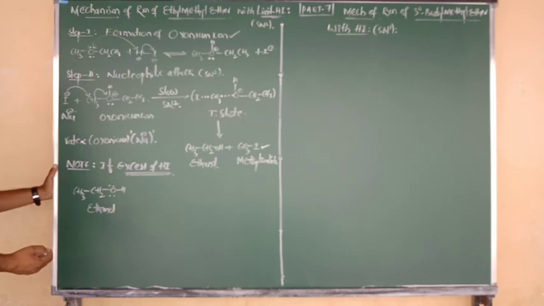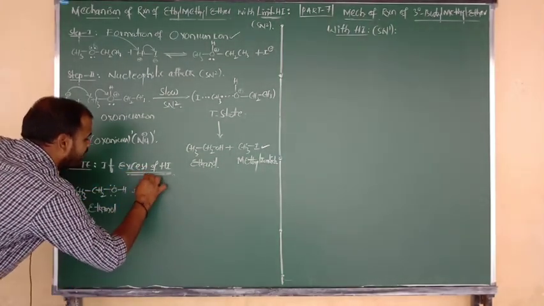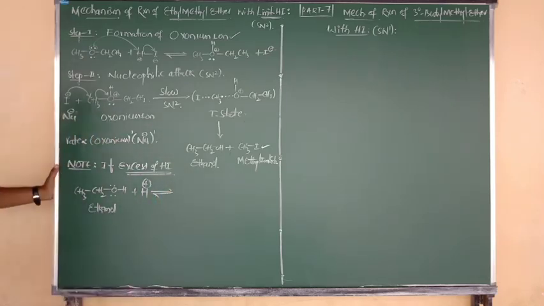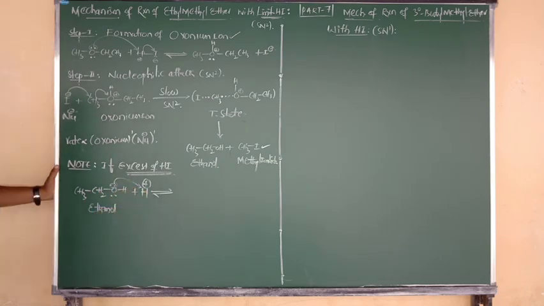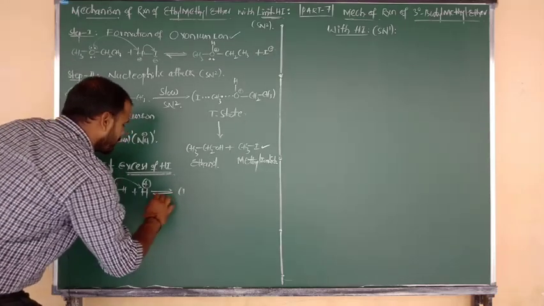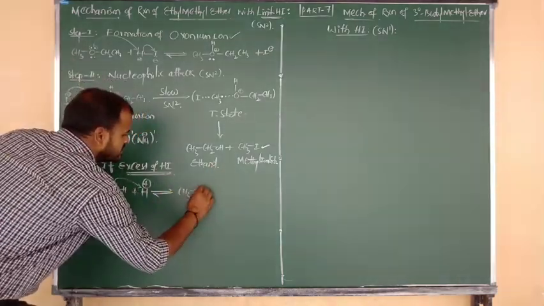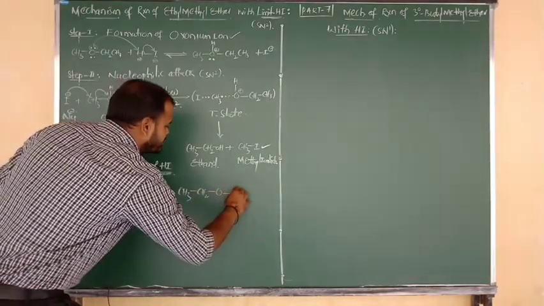Now that ethyl alcohol reacts with another mole of HI. Simply, I am going to consider that H plus, which is the protonation step. The proton is taken from HI. As oxygen contains a lone pair, one of the lone pairs is given to the H plus ion, and protonation occurs. And protonation is always reversible, as I told you. So CH3 bonded to CH2, CH2 bonded to OH.